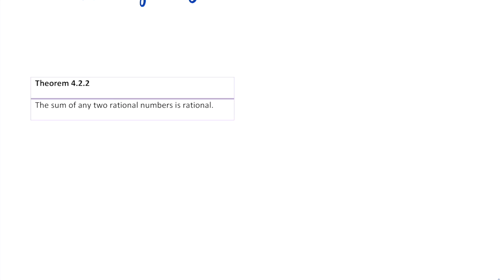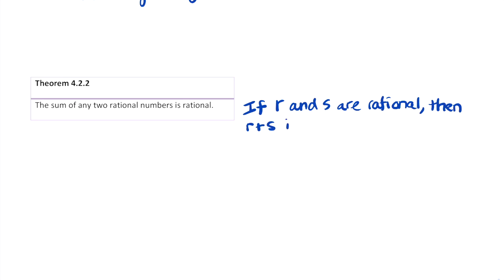Couldn't this also be saying if R and S are rational, then R plus S is rational? Does that make sense? I basically named them, right? So let's kind of go with that.